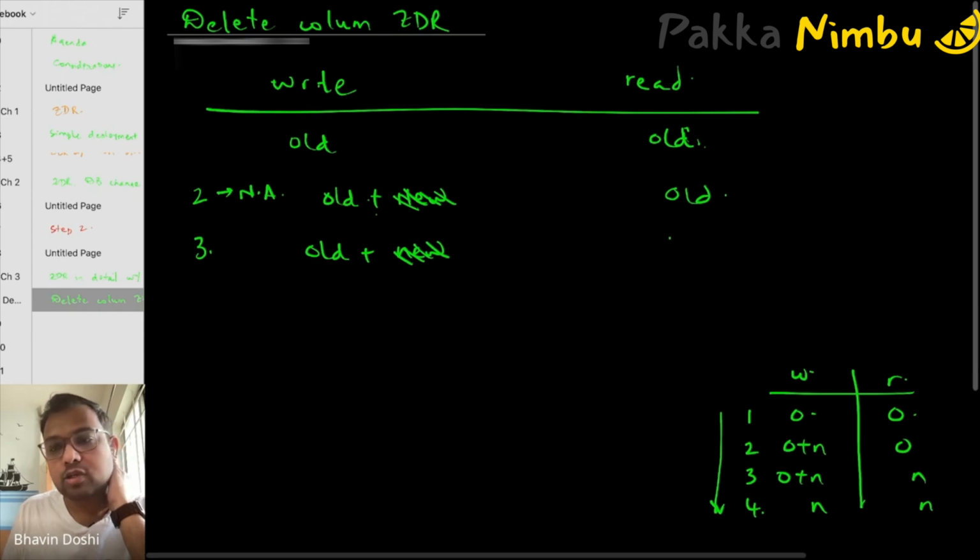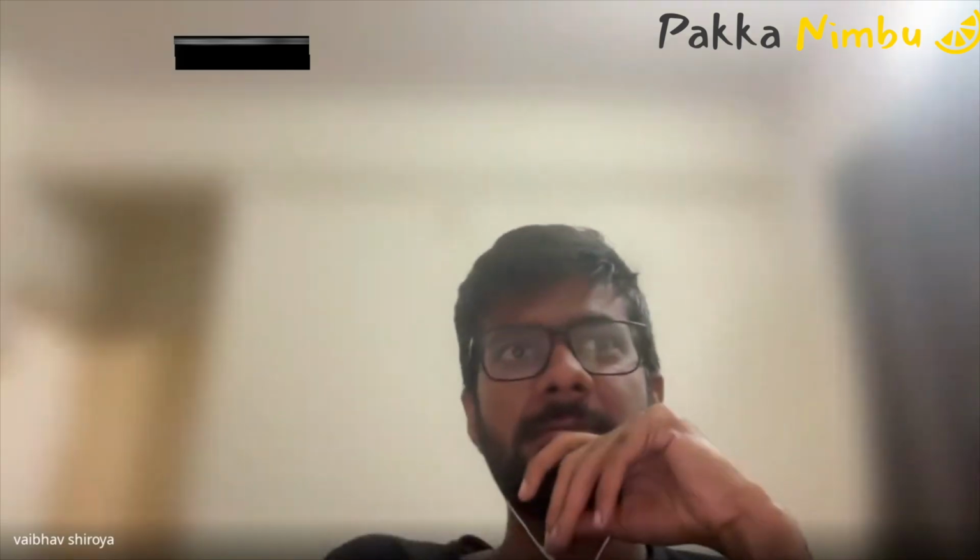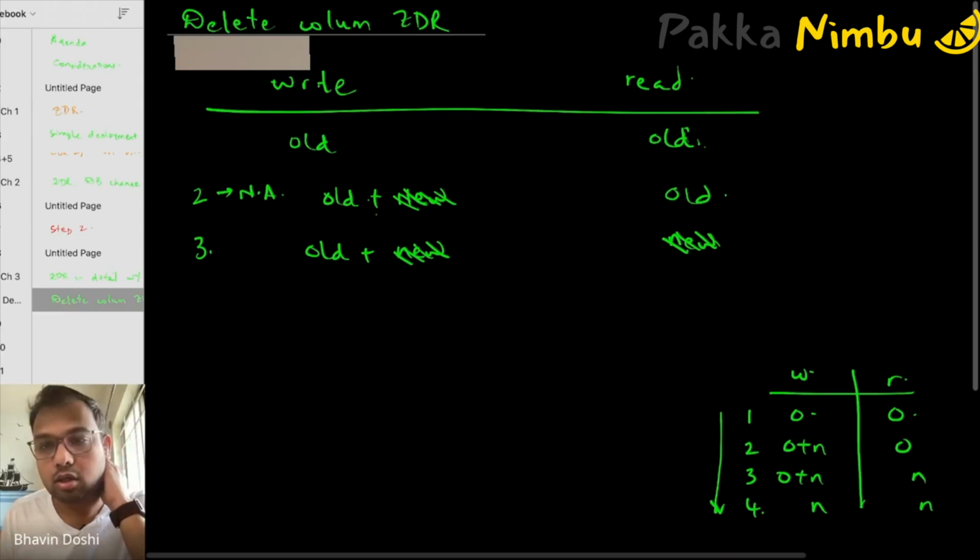ये बोल रहा है new से read करो. इसका मतलब क्या हुआ? New तो है ही नहीं, मतलब तो क्या करना है यहाँ पे? Removing the reads. Exactly. Write as well, right?